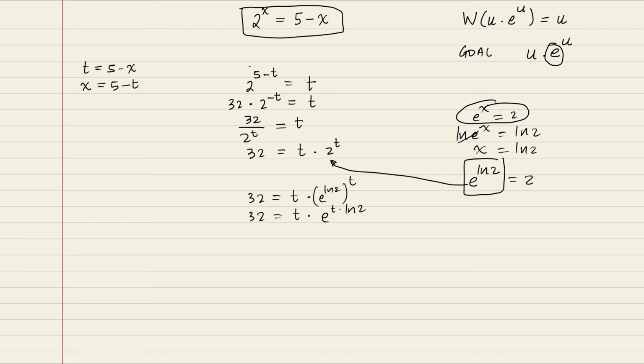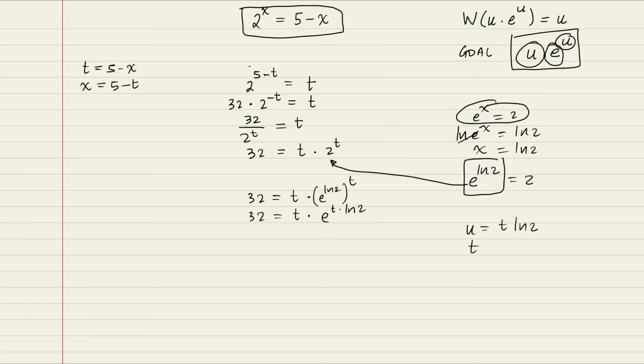We need to do a u substitution, because remember, my goal is to have u there. Again, it doesn't really matter, it can be anything. I'm just using u because I want to have it in this form. So I'm going to say let u equal t times ln of 2.